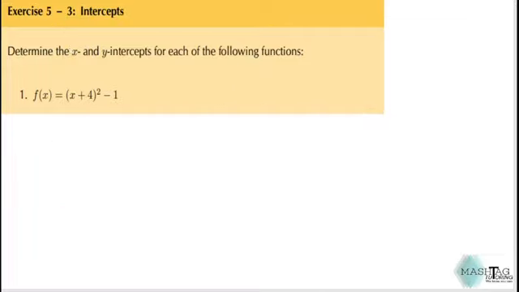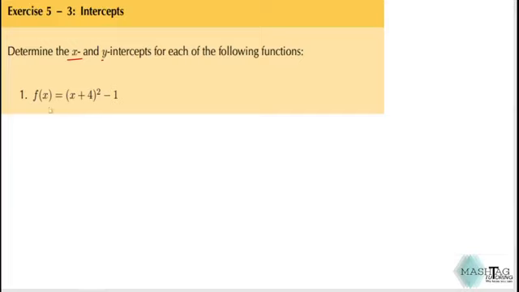So for example number 1, you have f of x equals (x plus 4) squared minus 1. They're saying determine the x and y-intercept.